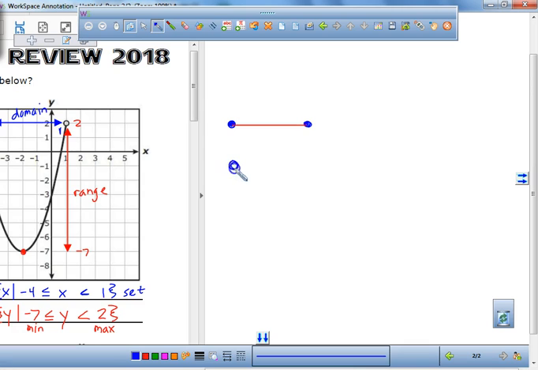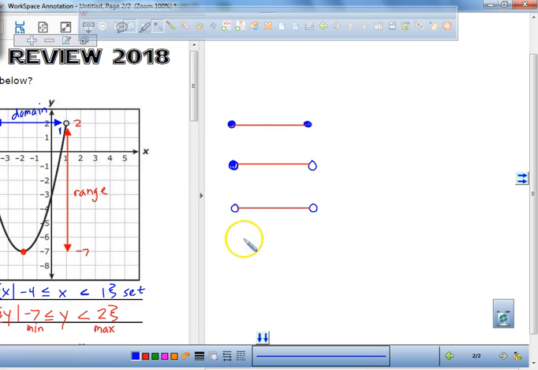We could have a closed circle and an open circle. That'd be another graph that we'd have to worry about, right? What's another combination? You could have an open and an open, right? And what's the final one that we could have? What are we missing? Open and then closed.